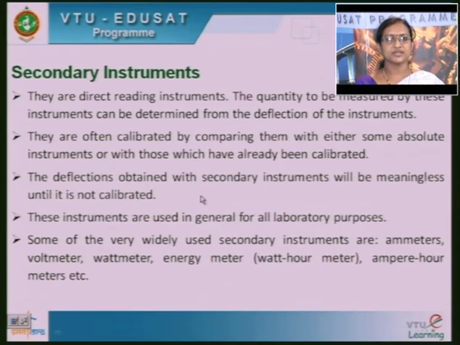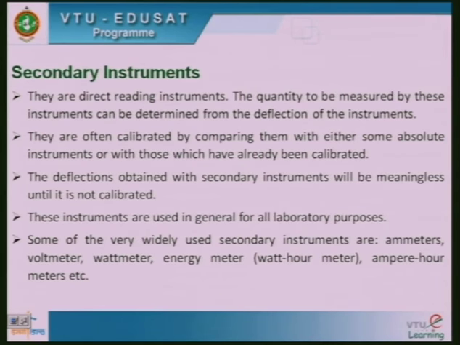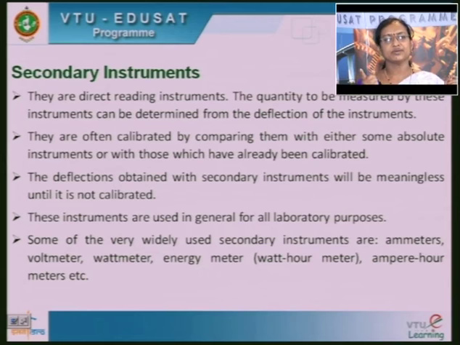Now we see what secondary instruments are. They are direct reading instruments. The quantity to be measured by these instruments can be determined from the deflection of the instrument. You see how much deflection there is from the initial 0 position, measure that angle, and then consider the value in terms of that particular parameter.